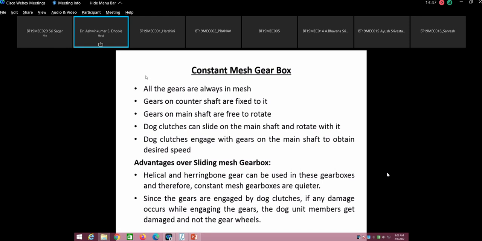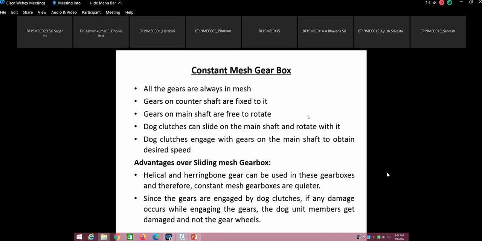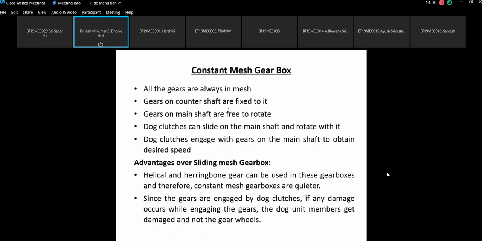As you know, all the gears are always in mesh in the constant mesh gearbox. Gears on the counter shaft are fixed to it. Gears on the main shaft are free to rotate. Dog clutches can slide on the main shaft, and rotate with it. Dog clutches engage with gears on the main shaft to obtain the desired speed.